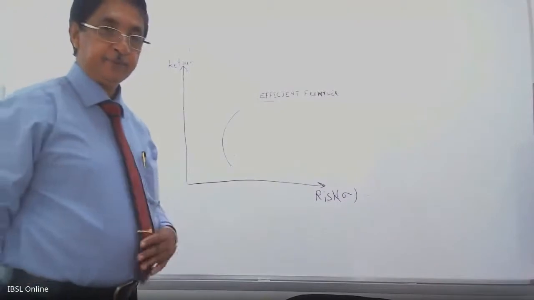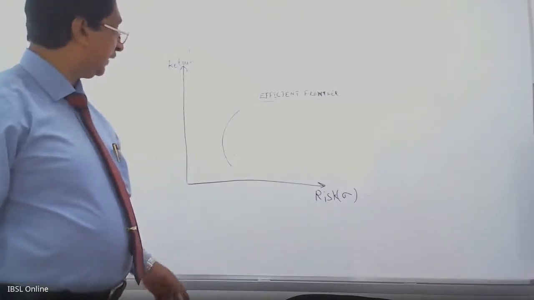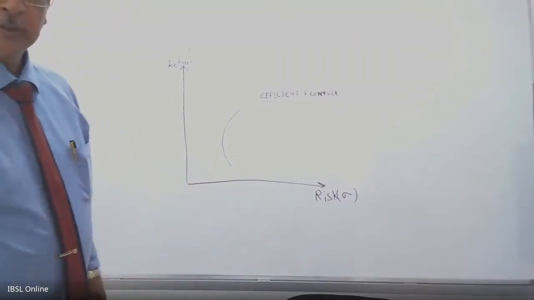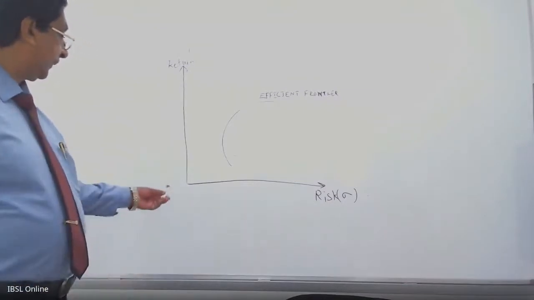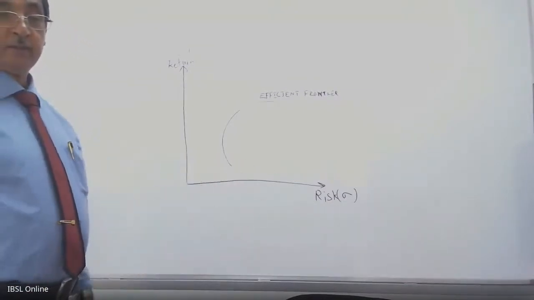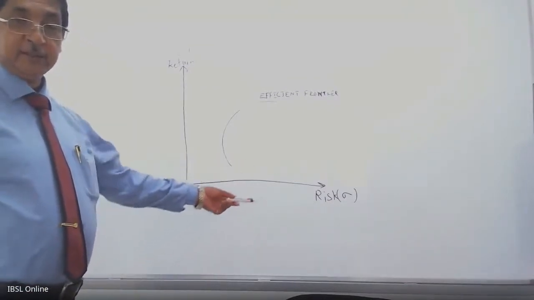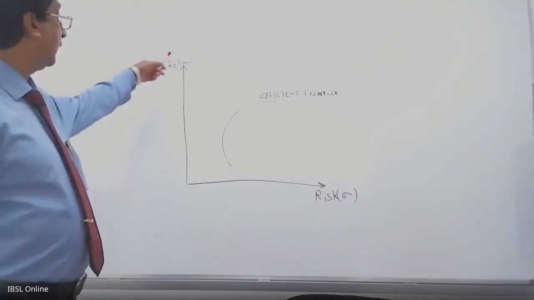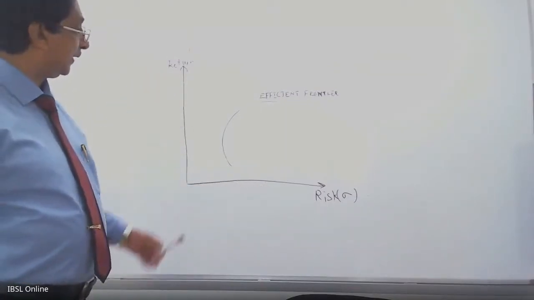Right. Now you can see the diagram. As per that diagram, the horizontal axis depicts the risk part of it. The vertical axis depicts the return part of it.